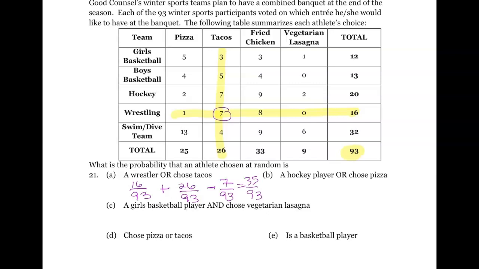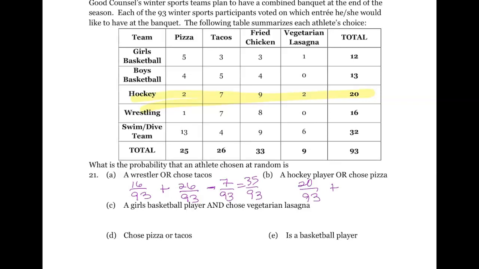What's the probability that one person chosen at random is a hockey player or chose pizza? So let's erase this. So I want the probability that it's a hockey player, and since it's or, I'm going to add things together. Here's my hockey players right here. So there's 20 of them. So that's going to be 20 over the total of 93. Or chose pizza, so then do pizza.